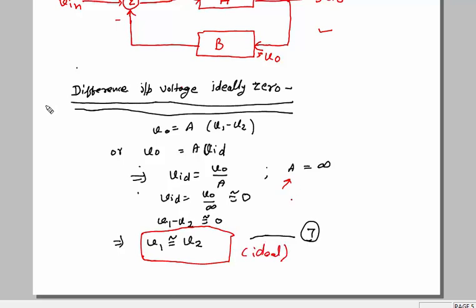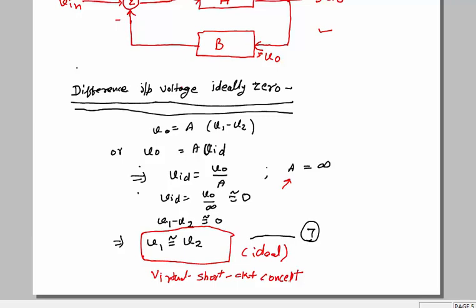This is also known as the virtual short circuit concept. This concept tells us that both terminals of the op-amp are virtually short circuited. It means they have the same voltage, so the voltage difference of the input voltage is ideally 0. So this is known as the virtual short circuit concept.